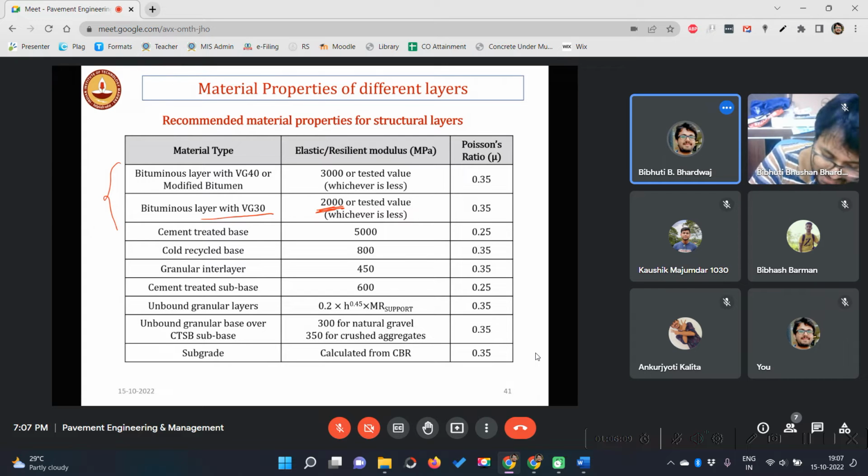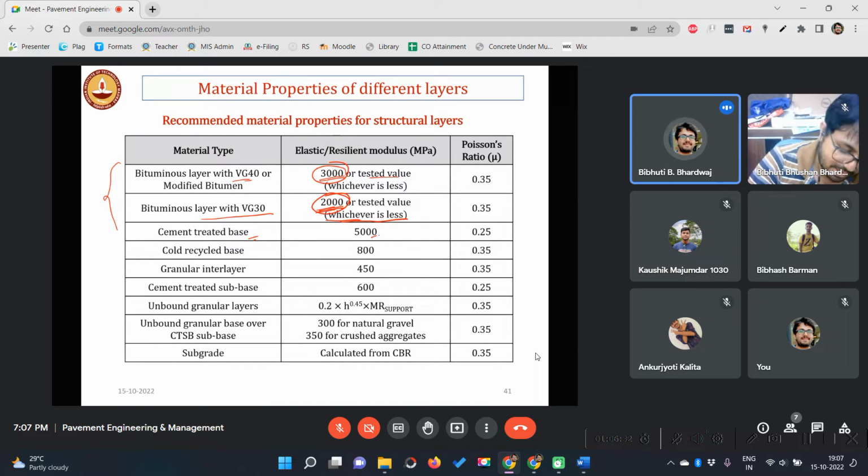If you have tested it and you have found less than 2000, then you have to take a lesser value, because you cannot overestimate. In engineering, everything should be underestimated, right? So you have to take the lower value. Similarly for VG40, consider 3000 only.